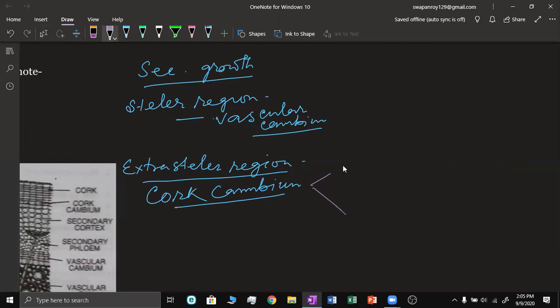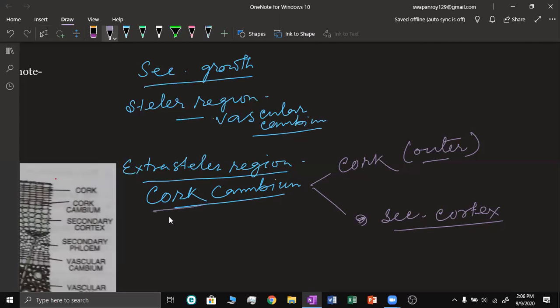On the outside, it produces cork, that is on the surface of the stem, and on the inner side, it forms the secondary cortex. Okay, secondary cortex.